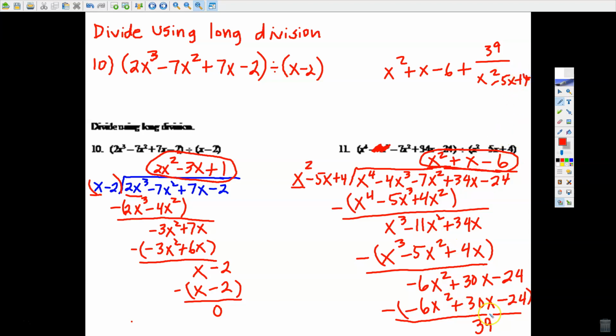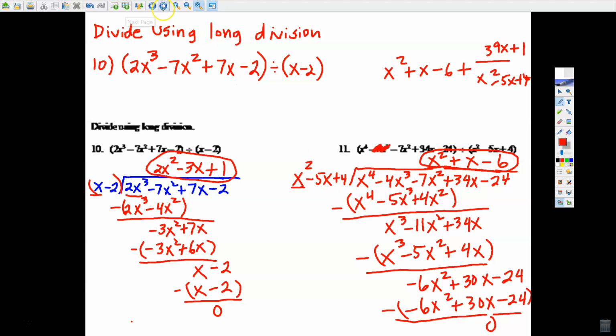Or if it had been some sort of linear binomial, 39x plus 1, then it would just look like this. So I just wanted to give you an idea. I know these did not turn out to have remainders, but it could happen on the test. And I just want to make sure that you're clear on how to handle remainders when they do pop up.